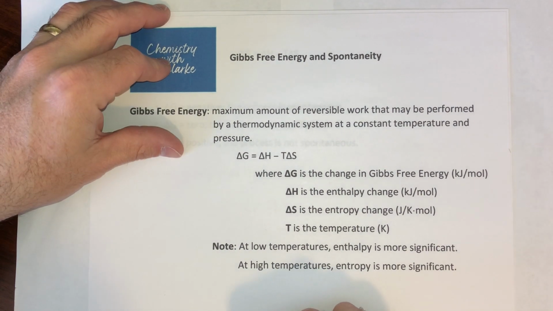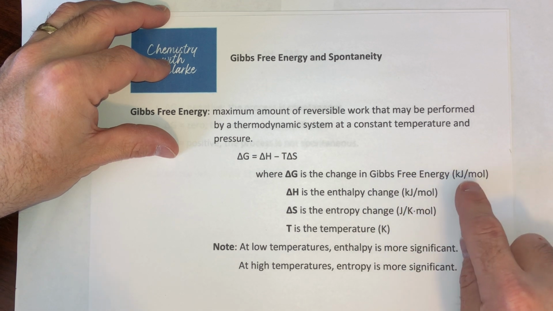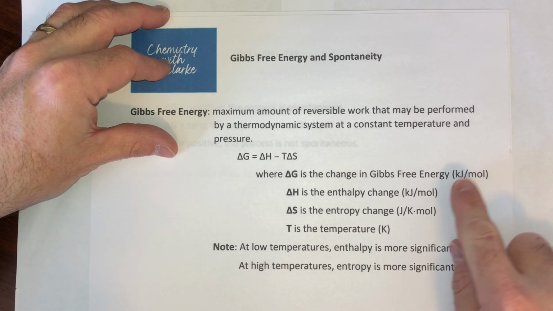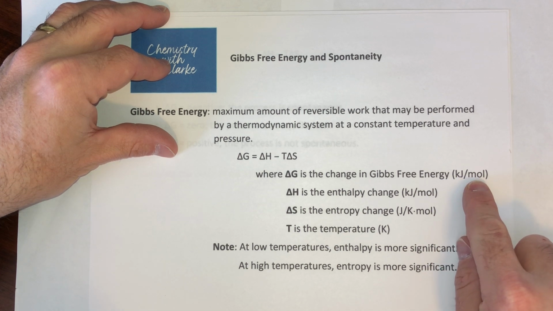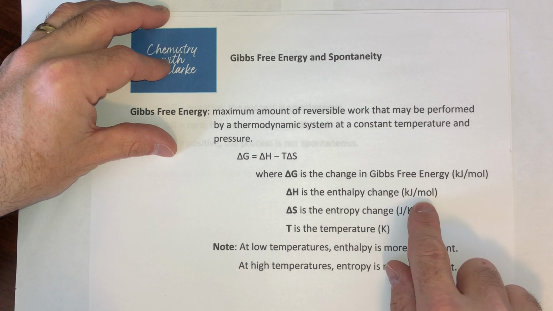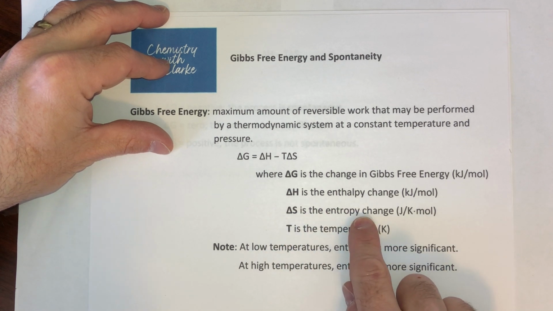Now, the other thing we need to talk about here is units. The change in the Gibbs free energy is measured in kilojoules per mole, and sometimes just kilojoules, but usually kilojoules per mole. The enthalpy change is usually measured in kilojoules per mole, and again, sometimes the moles is dropped, so it's just kilojoules. The entropy change is a little different.